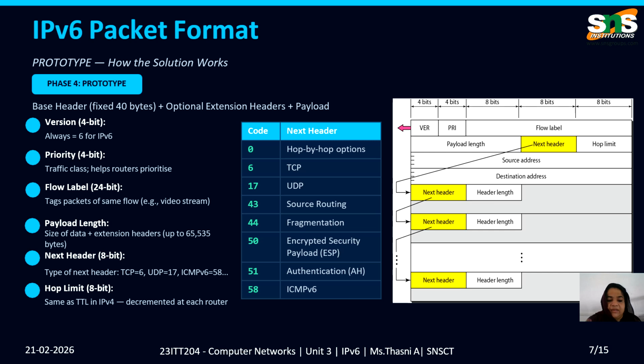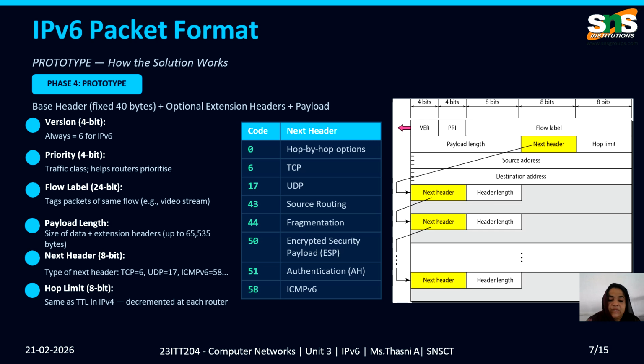Here is the packet format: a basic base header of fixed 40 bytes, plus optional extension headers, plus payload. The version is 4 bits, always 6 for IPv6, and the traffic class, 8 bits, helps routers prioritize. The flow label is a 24-bit tag for packets of the same flow, for example a video stream.